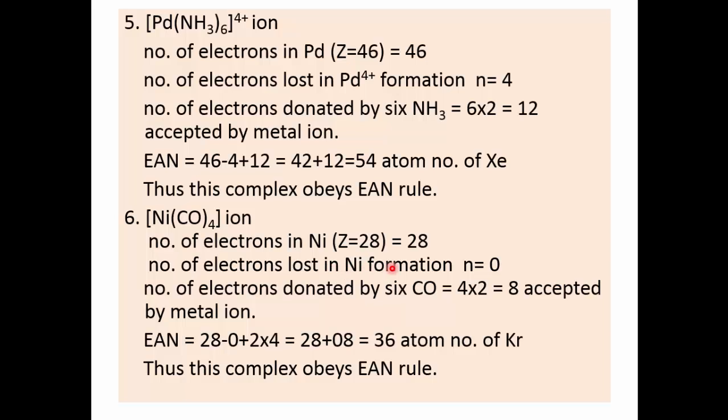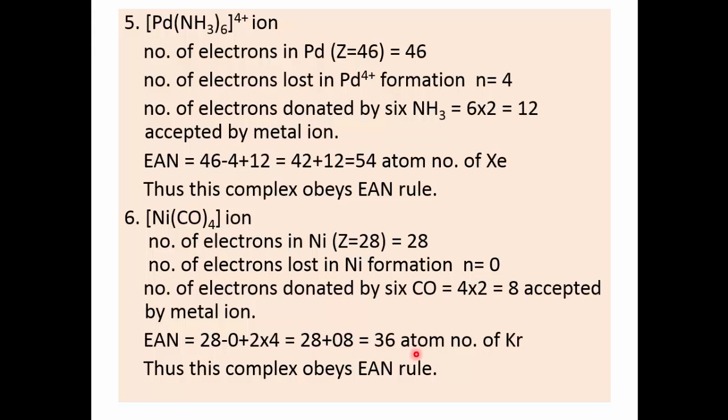No electrons are lost for formation of Ni on which there is zero charge, therefore N is equal to 0. 4 carbonyl molecules, so 4 into 2 it becomes 8, so 8 electrons are accepted by metal ion, hence EAN is equal to 28 minus 0 plus 8, it becomes 28 plus 8, 36.